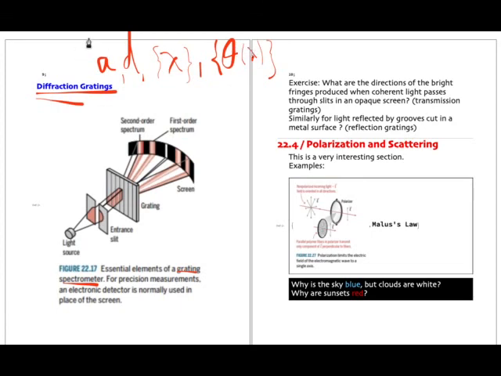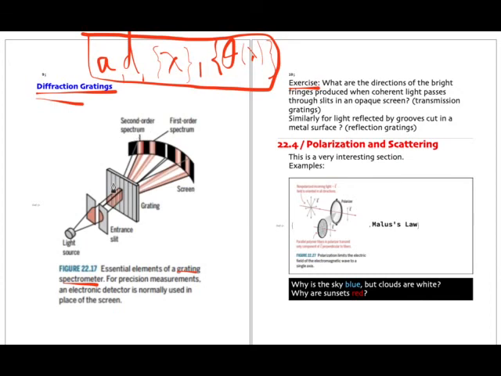Now, I won't write down the formula for the region of constructive interference for a diffraction grating, but again, you'll find that in the book. So here's another exercise, something you should try to answer, probably by looking in the book, and write it down in your notebook because you'll need to know the formula to do the line kappa problems. What are the directions of the bright fringes produced when coherent light passes through the slits in an opaque screen?